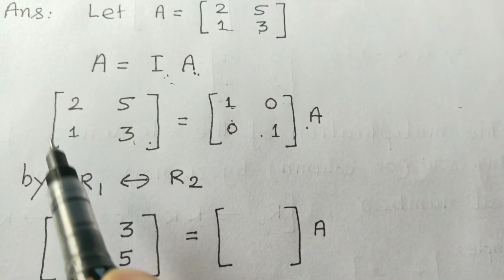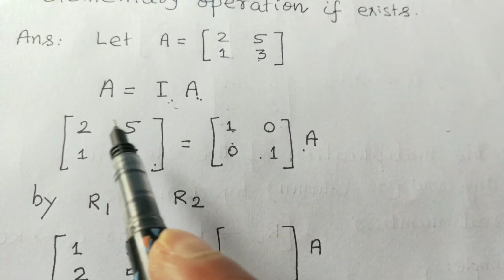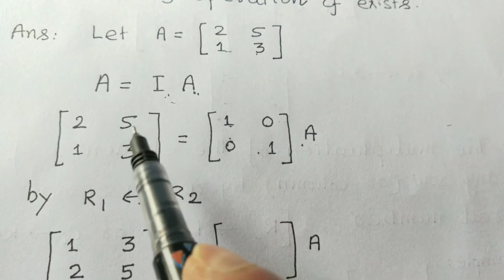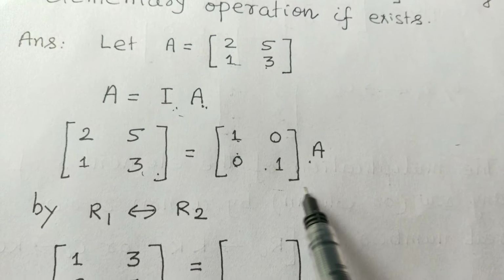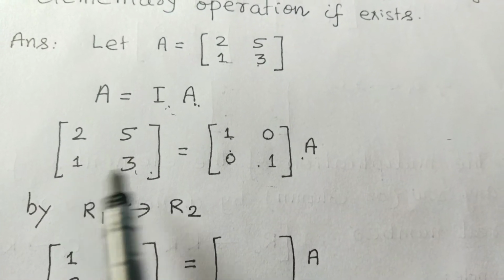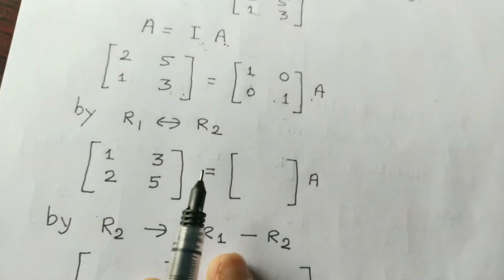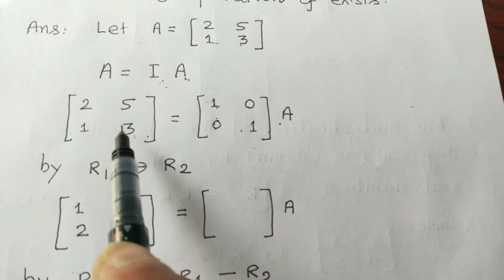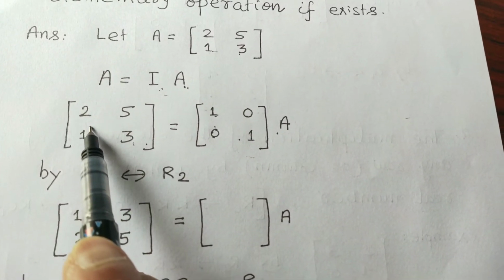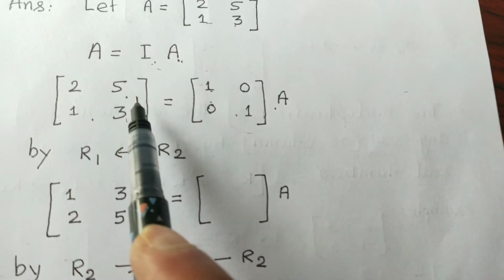Now let us change this into the identity matrix by operating. I will make this I, and as I make it I, this will keep changing. That means the product will be I, that means they will be inverses of each other. That is the purpose. So to make this an identity matrix, we need 1 here, 0 here, 0 here, 1 here: 1 0 0 1.